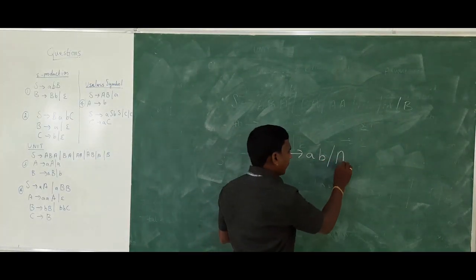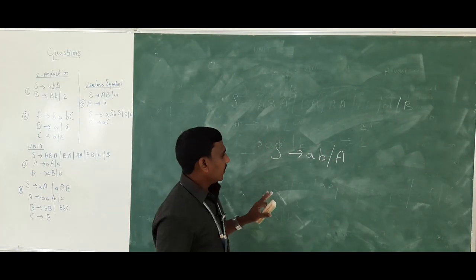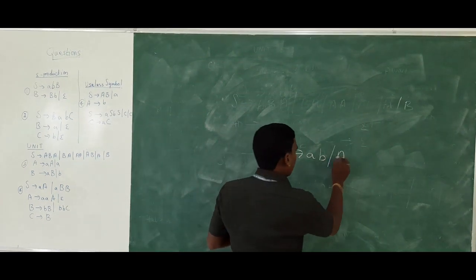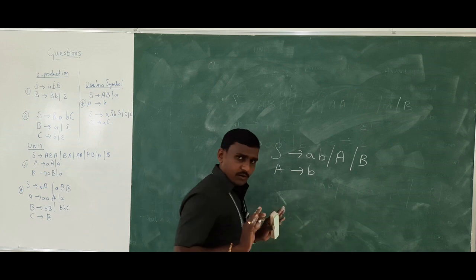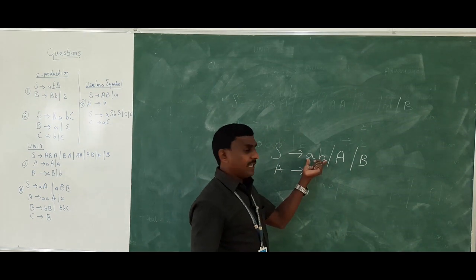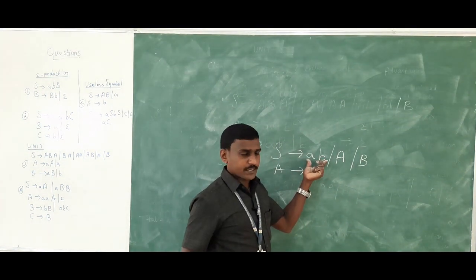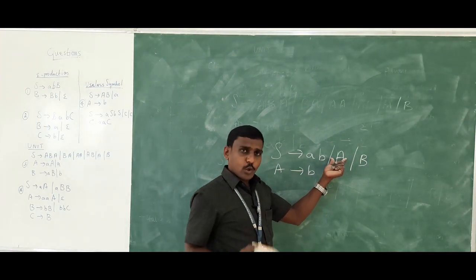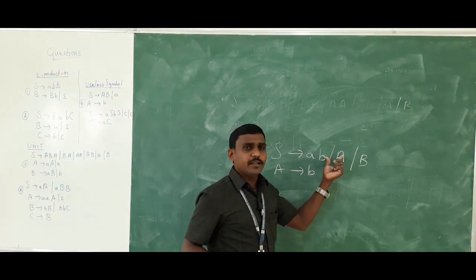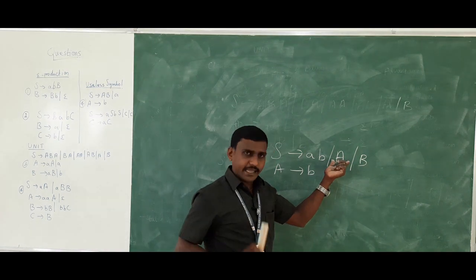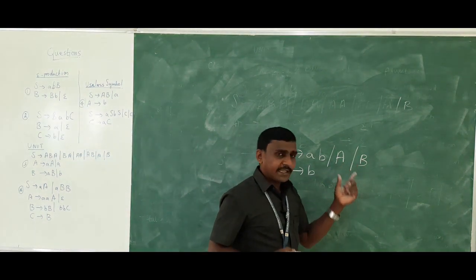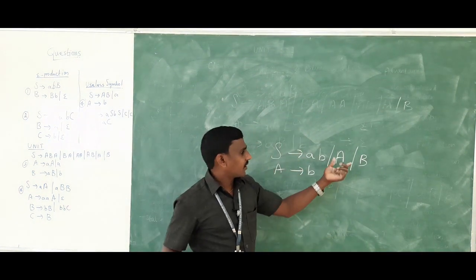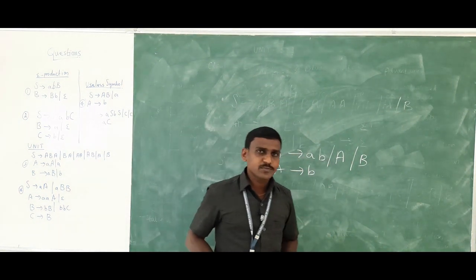Here AB is a terminal string, no problem. But A is a variable. So I have to substitute a terminal for this A, then that is a useful production. But if I cannot substitute a terminal for a particular variable, that is a useless production.